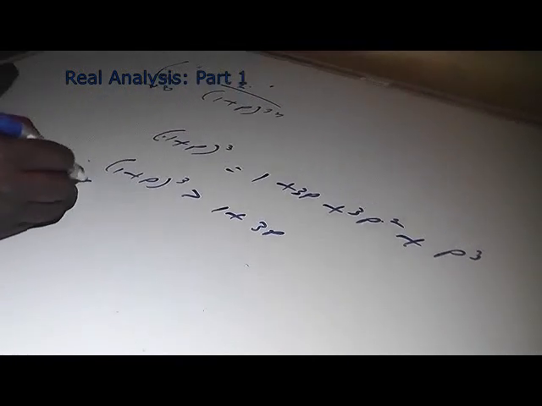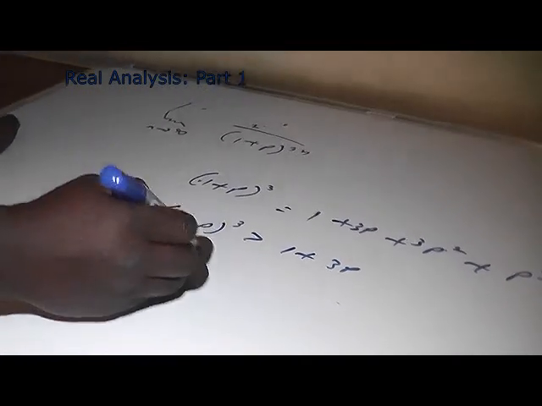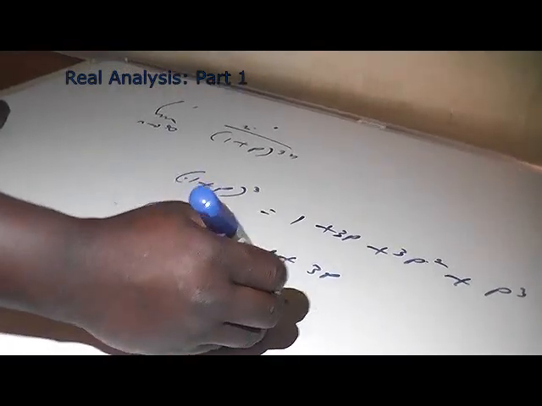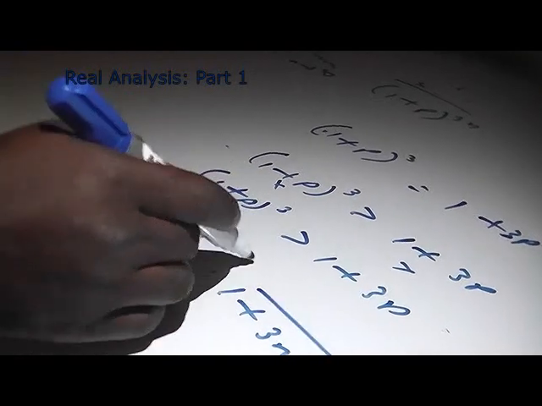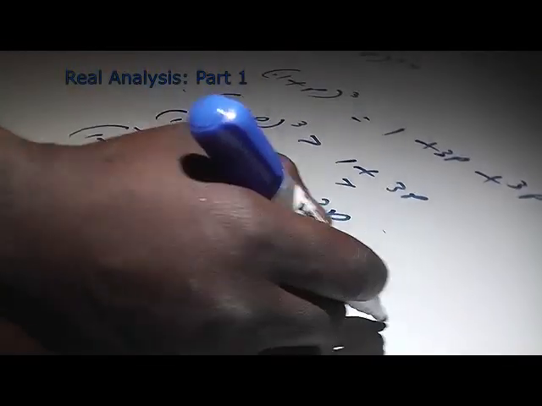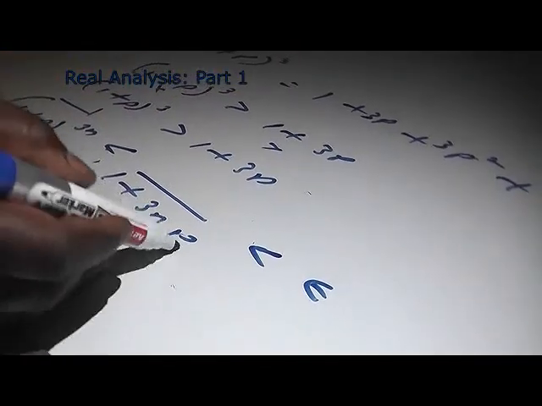Now if you keep multiplying, (1 plus p) to the power 3n is greater than 1 plus 3np. And that means the converse will be less than epsilon, because n and p are all positive numbers.